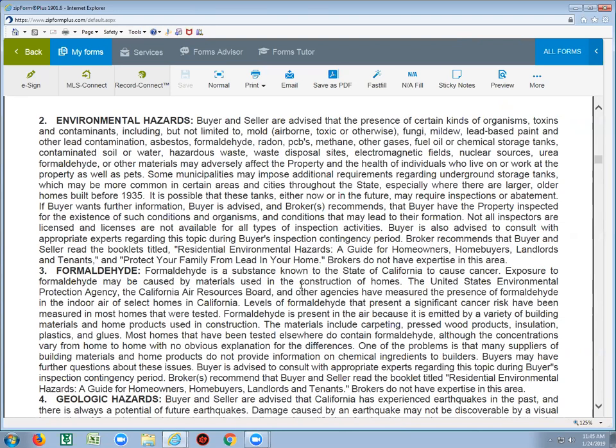Some municipalities may impose additional requirements regarding underground storage tanks. That's usually like fuel tanks or anything. It may be more common in certain areas, cities throughout the state, especially where there are larger, older homes built before 1935.